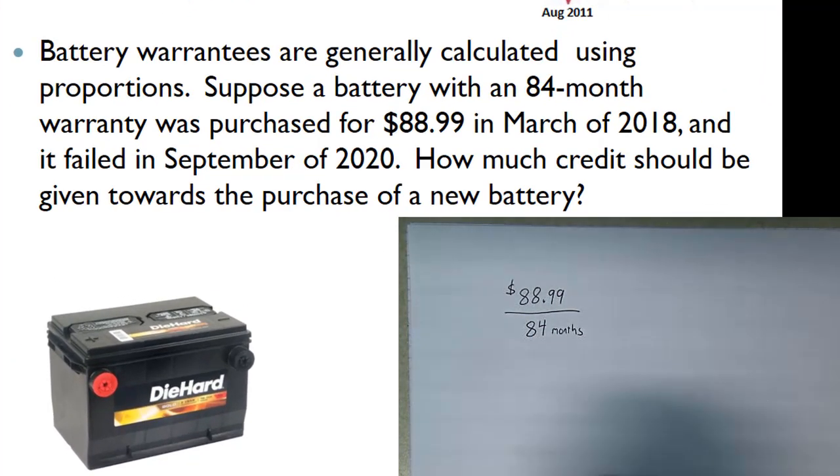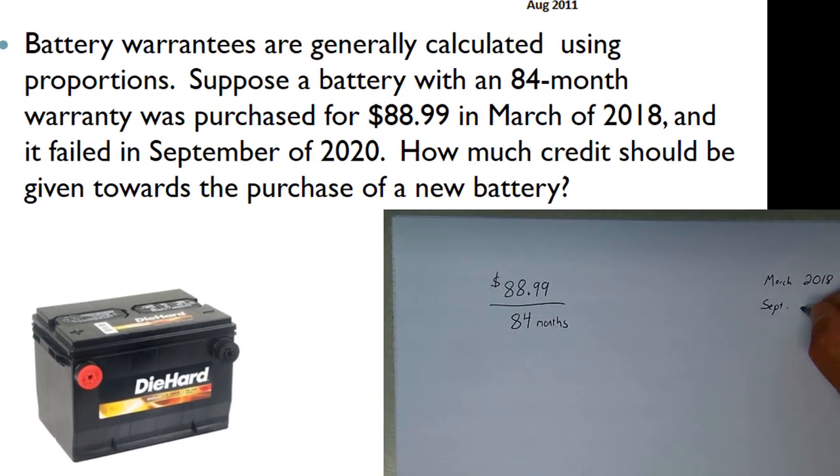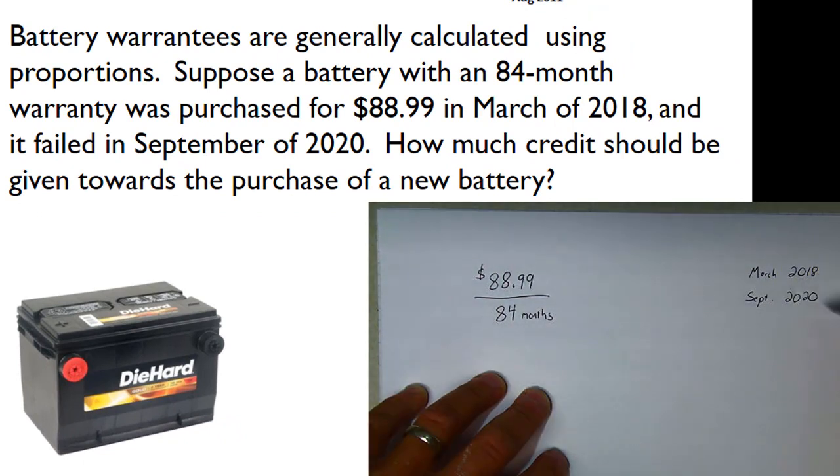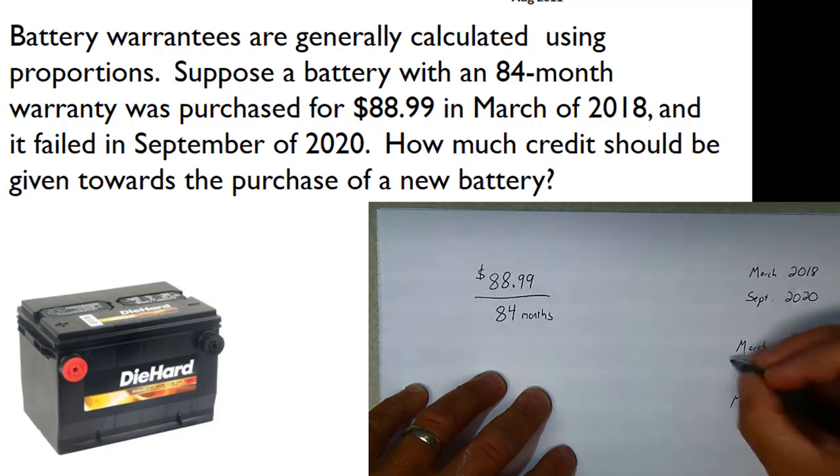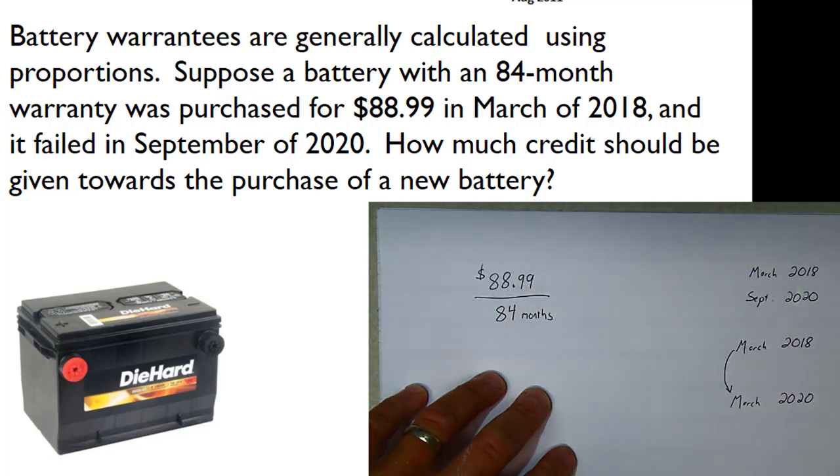The problem is our battery didn't last 84 months. It only lasted from March of 2018 until September of 2020. So how many months did it last? Let's count that up. From March of 2018, the last time we were in March was March of 2020. And of course, March of 2018 to March of 2020, that's 2 years, which is the same as 24 months.